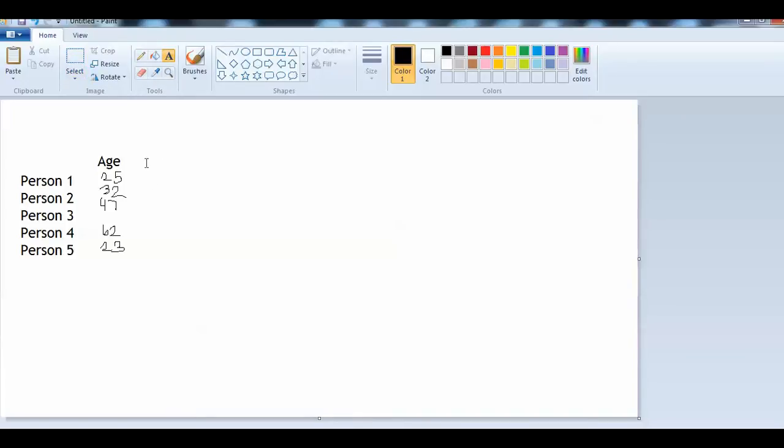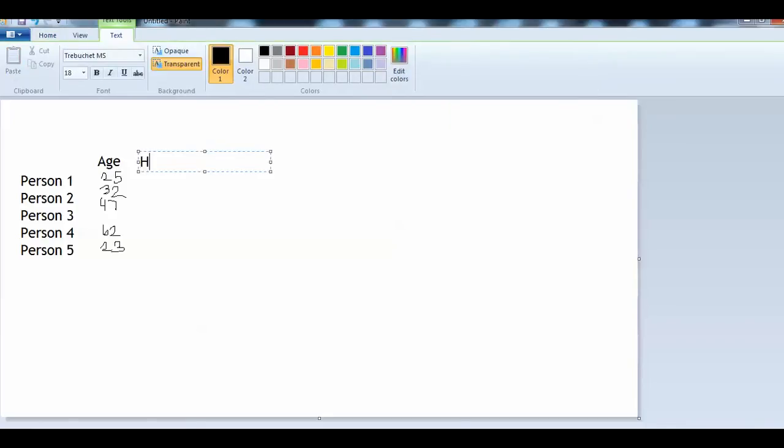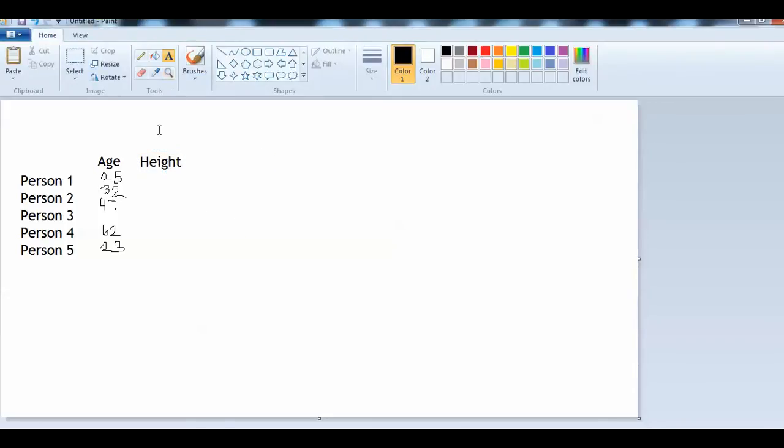What if we wanted to record both the ages and the heights of 5 people? So each person is going to tell us his or her age and his or her height, maybe height in inches.